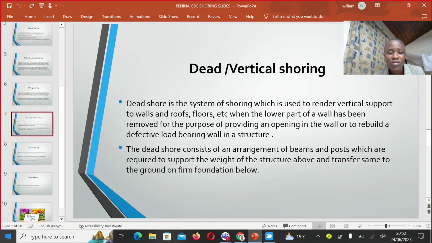Dead shoring is a system of shoring used to render vertical support to walls, roofs, floors, etc., when the lower part of the wall has been removed for the purpose of providing an opening in the wall or to rebuild a defective load-bearing wall in a structure. Okay, that's good. The dead shore consists of an arrangement of beams and posts required to support the weight of the structure above and transfer it to the ground on a firm foundation below.